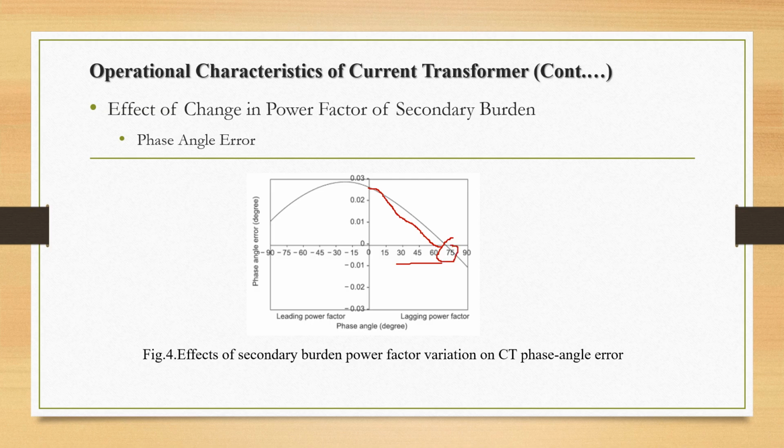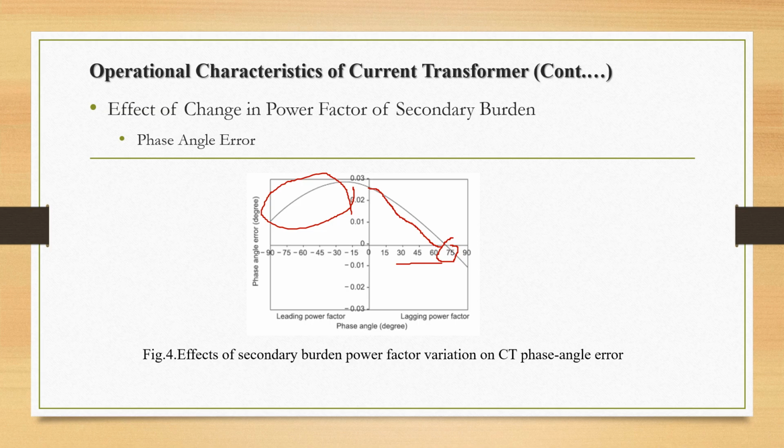For capacitive burdens, however, the phase angle error always remains positive. For capacitive nature, phase angle error is Im by NIS. For this reason, as we have already seen, the value is dependent upon the magnetizing component of current.